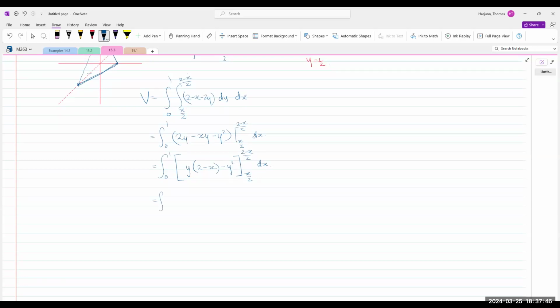Okay, so integral from 0 to 1 of, if I replace the y, then I will get (2 minus x over 2) times (2 minus x) minus ((2 minus x) over 2) squared for the first part, minus the second part, x over 2 times (2 minus x squared over 4).